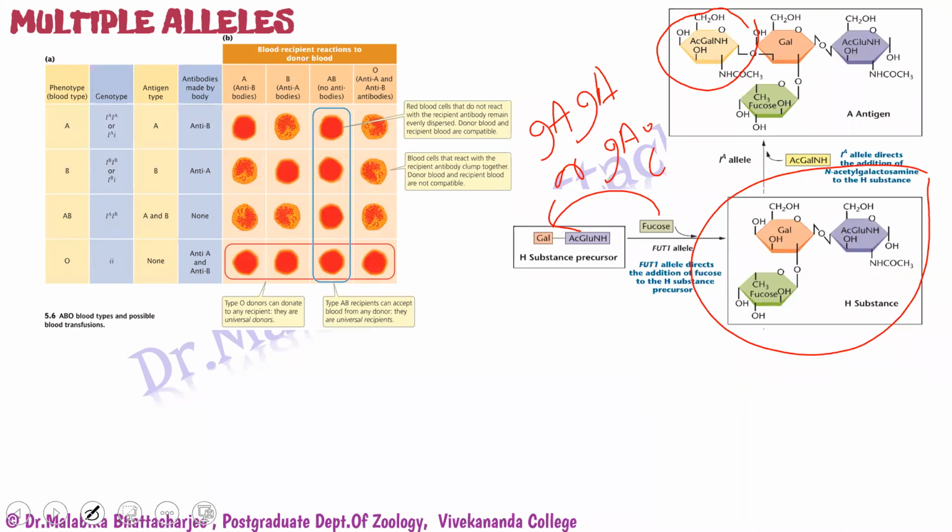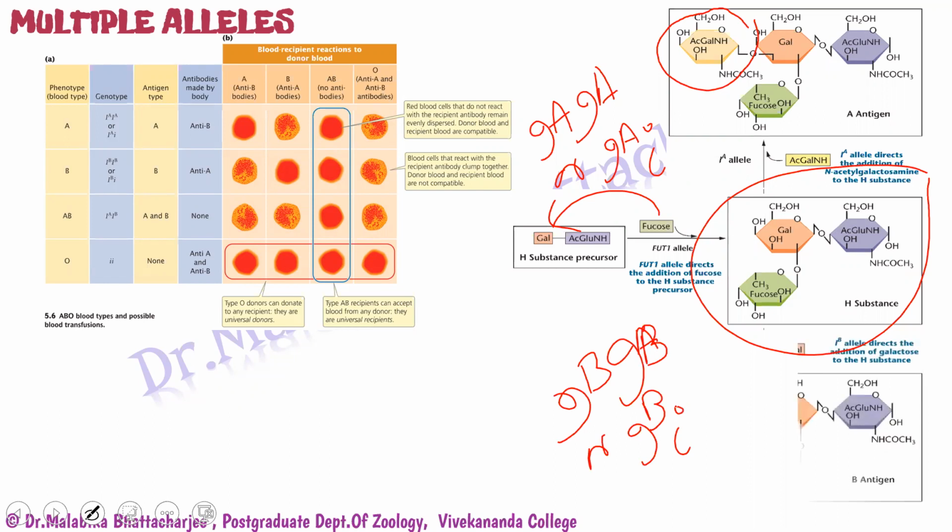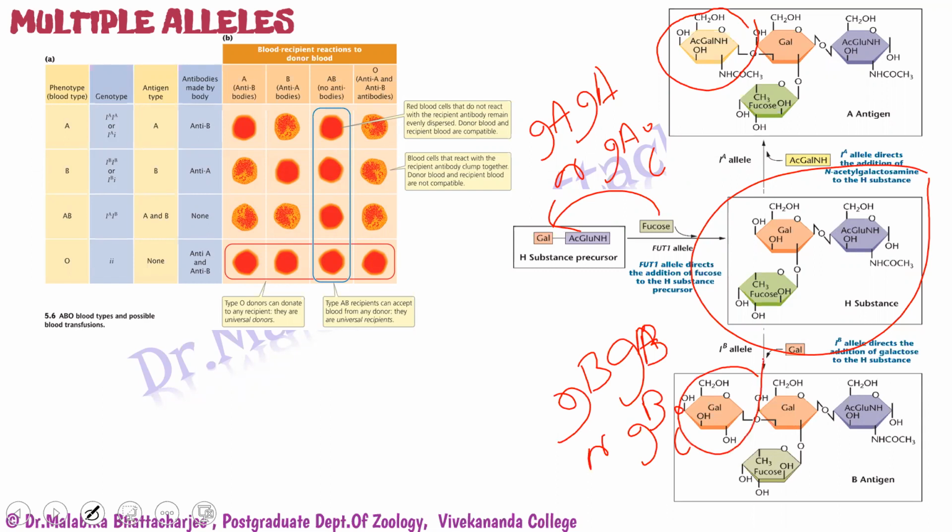Similarly, when the condition is IB IB, or the condition is IB small i, what happens? A glycosyltransferase is encoded, and this glycosyltransferase will add galactose to the precursor substance.